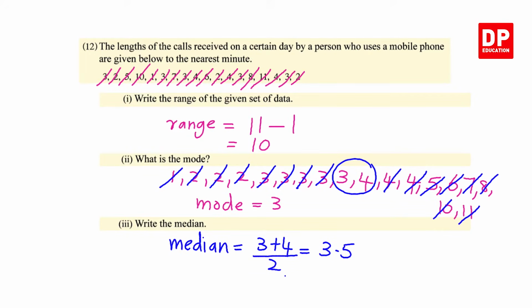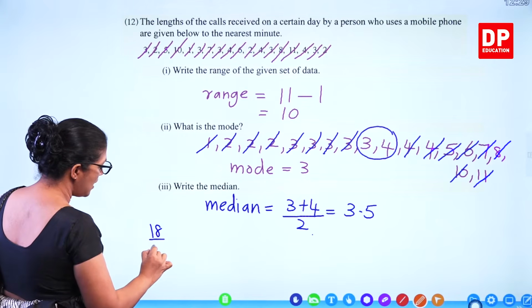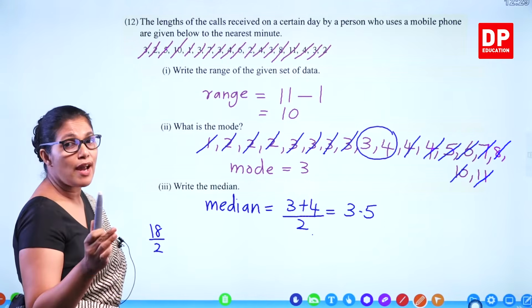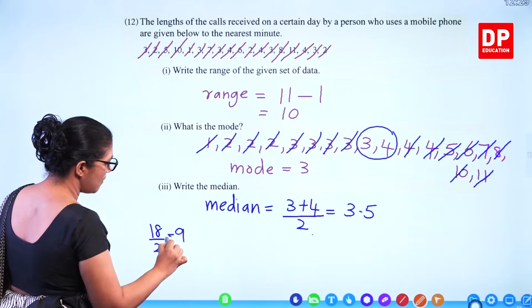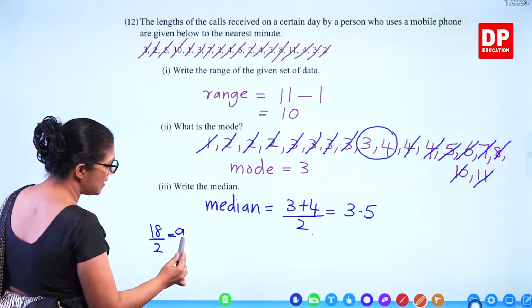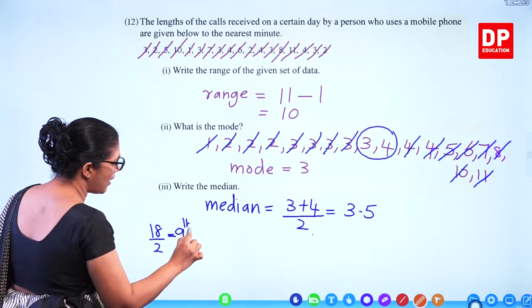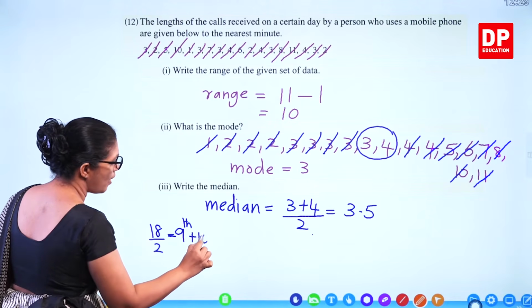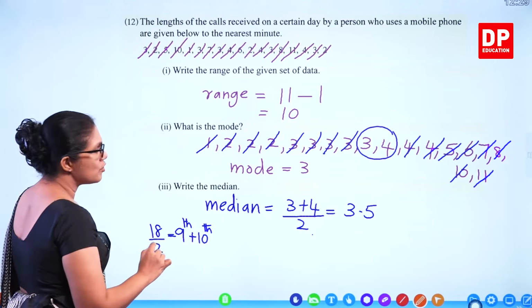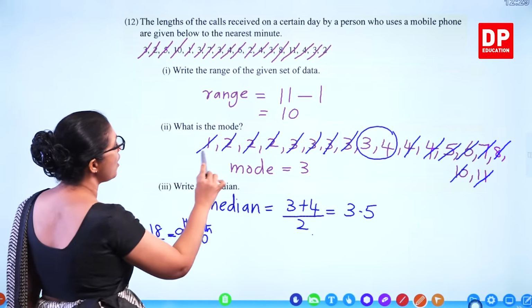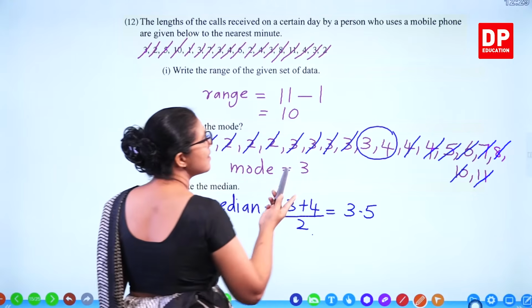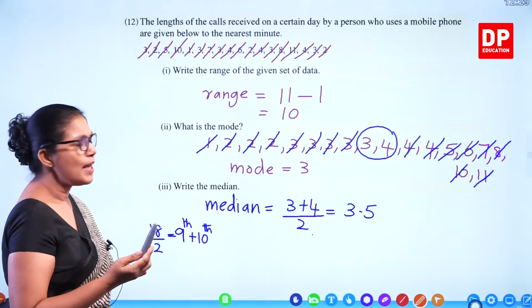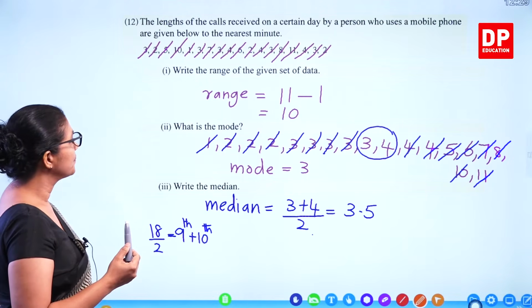So, we got 18. 18 you divide by 2. So, we are trying to find out the middle value. So, you get 9. When you get a whole number, that means the 9th one and the 10th one are the middle 2 numbers. So 1, 2, 3, 4, 5, 6, 7, 8, 9 and 10. So that's how we find the middle number.